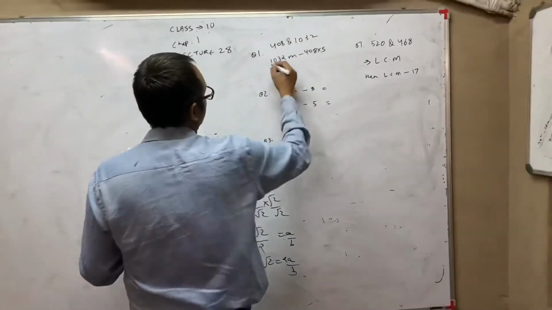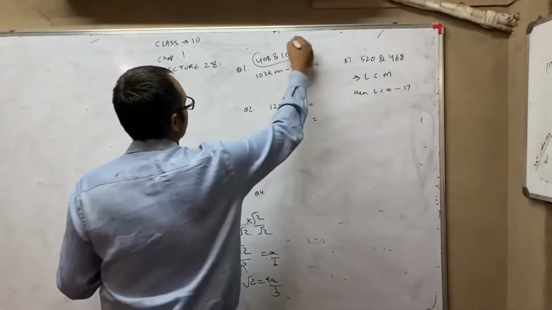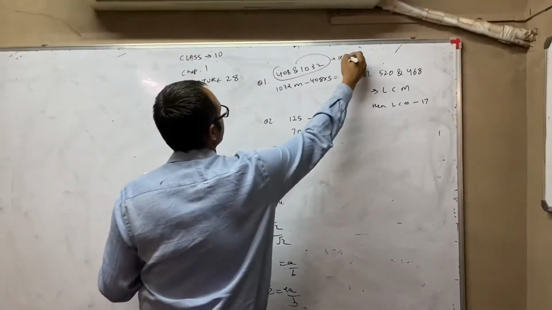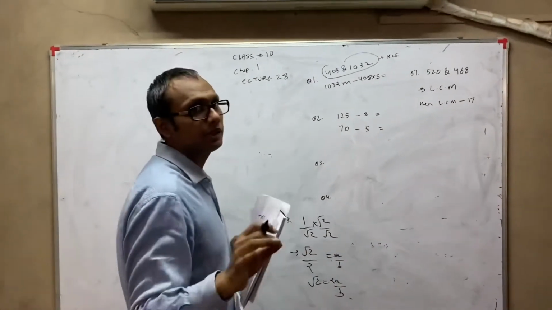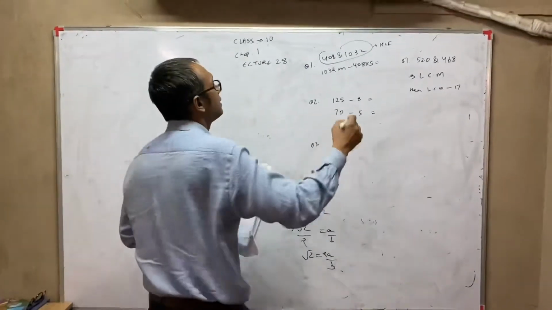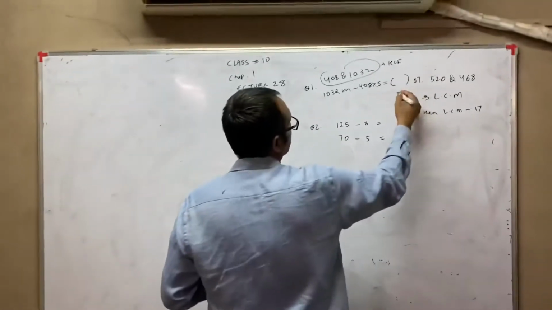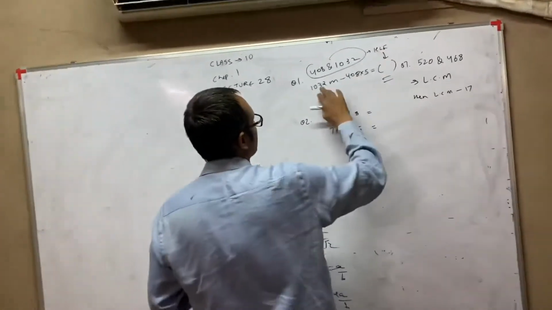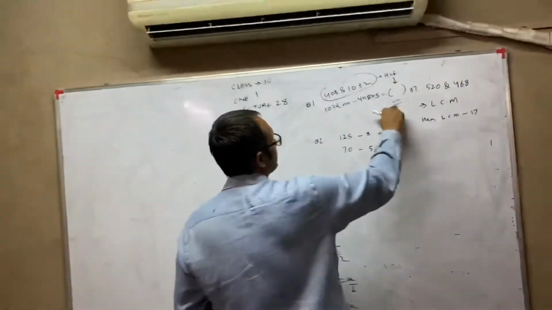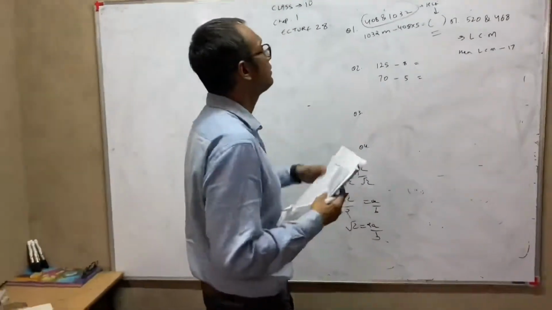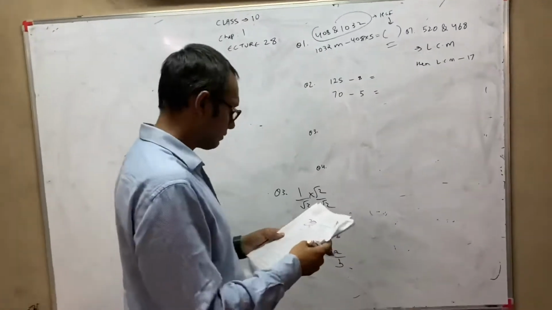Basically, whatever HCF you get of these two, and you can get it by any method you want, Euclid's or normal factorization, you write that term here, the HCF, and then just solve for m. Minus 408 into 5 will go there, 103 will go down, 3 will go down, and you will get m. Okay, normal solving.